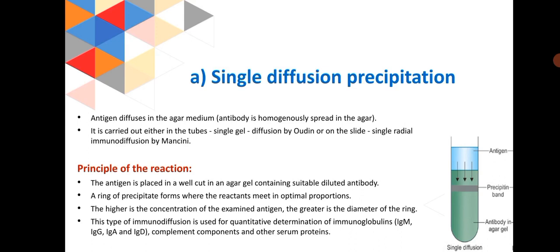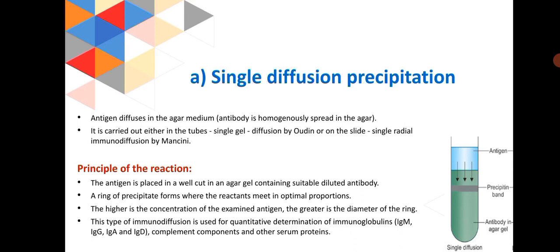It is carried out either in a tube, single gel diffusion by Oudin, or on a slide, that is single radial immunodiffusion by Mancini. The principle of the reaction is that the antigen is placed in a well cut in an agar gel containing suitably diluted antibody.